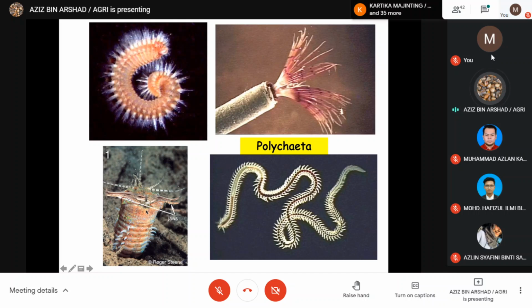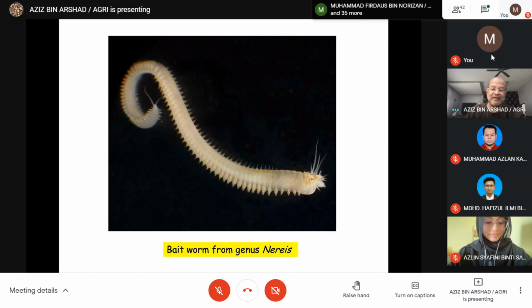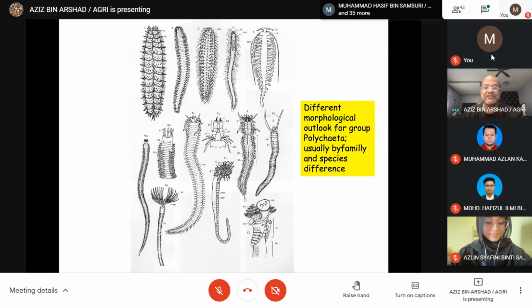And this one is carnivorous with a good jaw as well, but burrowing inside the sediment. And the main one that we always see as a good example of a polychaete worm is from genus Nereis, and this is quite common in many parts of the world.